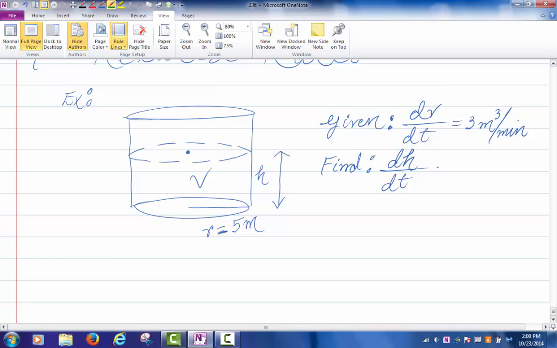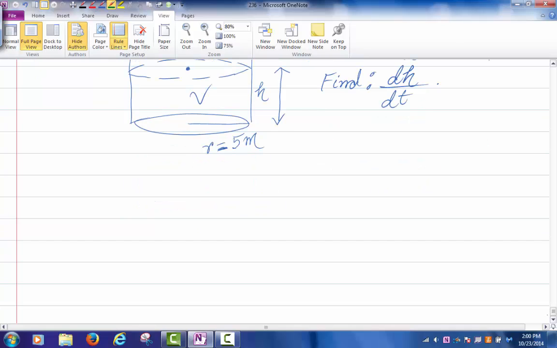If you want to come up with an equation involving all the rates, the given rates and the unknown rates, you have to first come up with an equation involving the variables. In this case, what is the volume of the water? Pi r squared times h, because that portion is cylindrical.